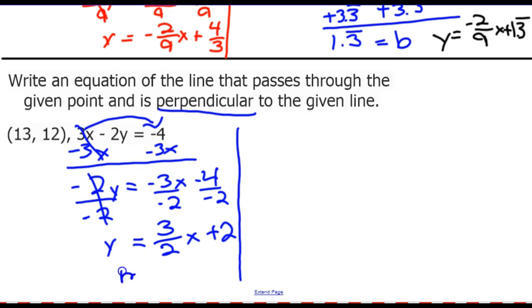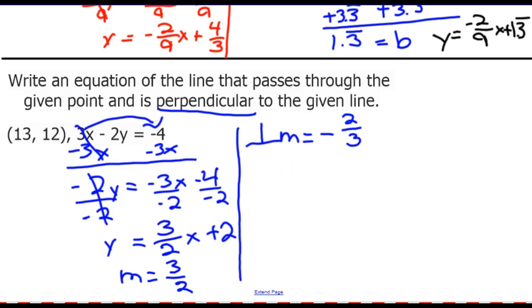Our m here is 3/2. So our perpendicular slope is going to be the opposite reciprocal. So instead of positive, it's going to be negative. And we're going to flip the fraction, so it's 2/3.